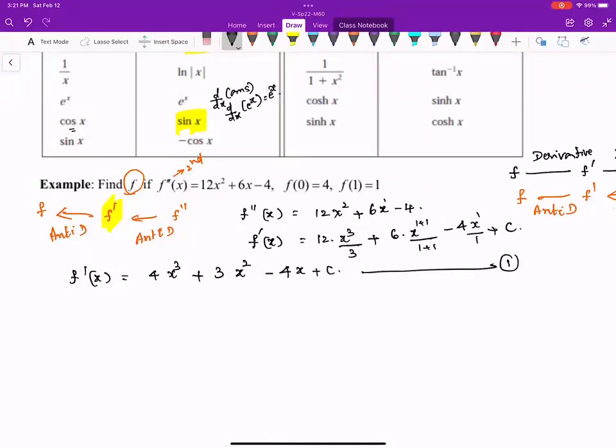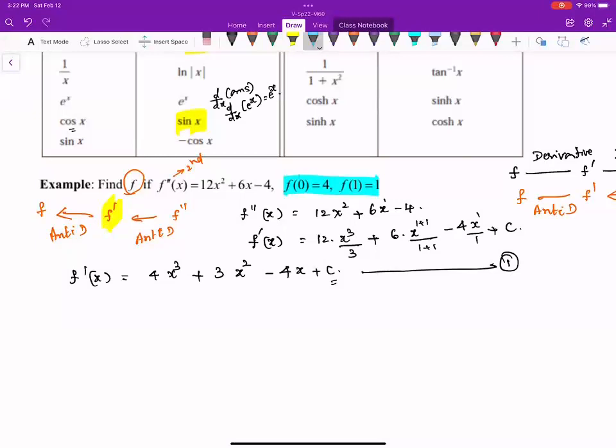At this step, if we know f prime of a number, then we can find the constant C immediately. But we are not given any condition with regard to f prime. We know only conditions with regard to f: f at 0 and f at 1. How do you interpret the initial conditions here?